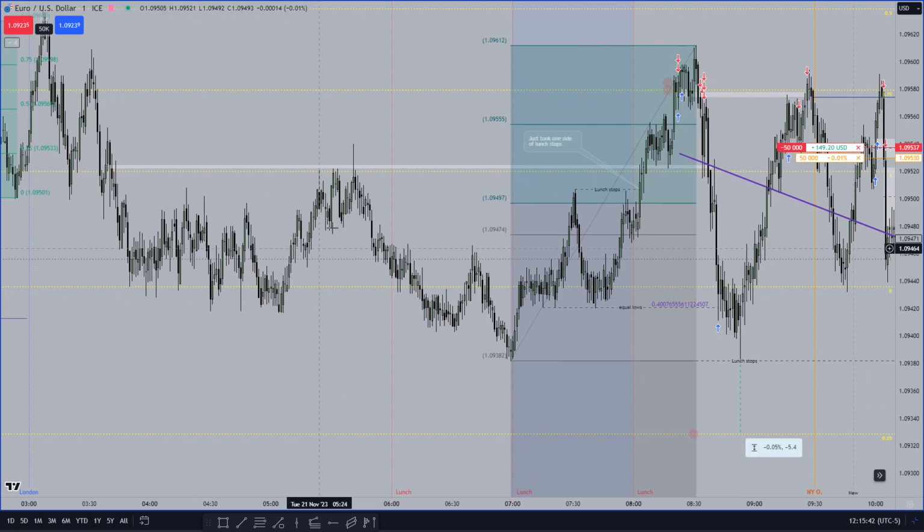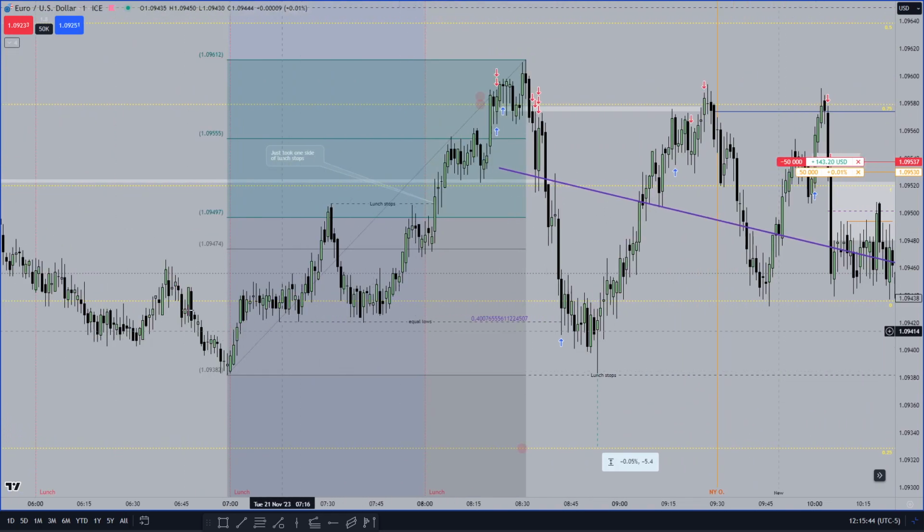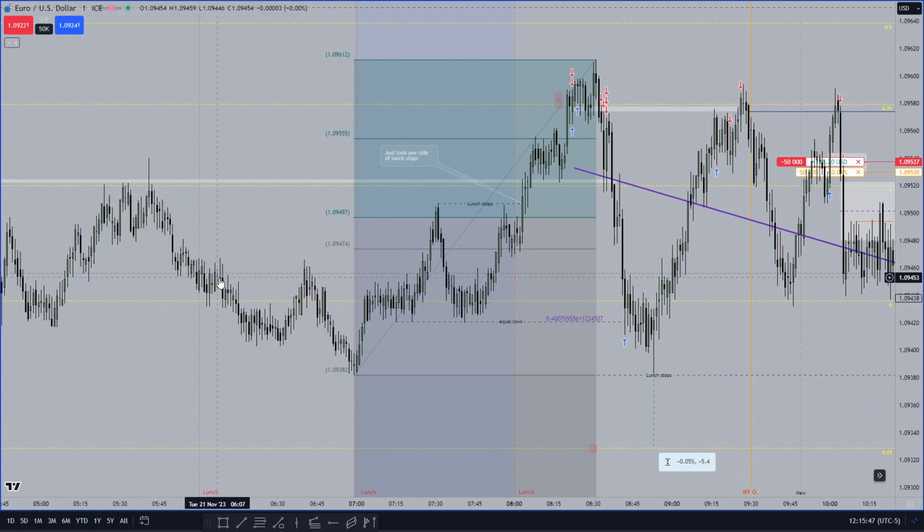make a consolidation, and we enter the European lunch, the first European lunch. We just made a descending channel that was brought to the upside on the other part of the European lunch, leaving some lunch lows below.